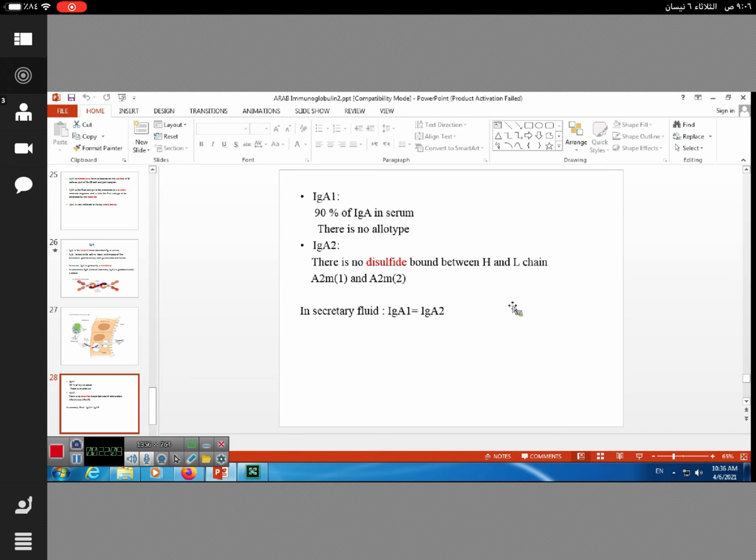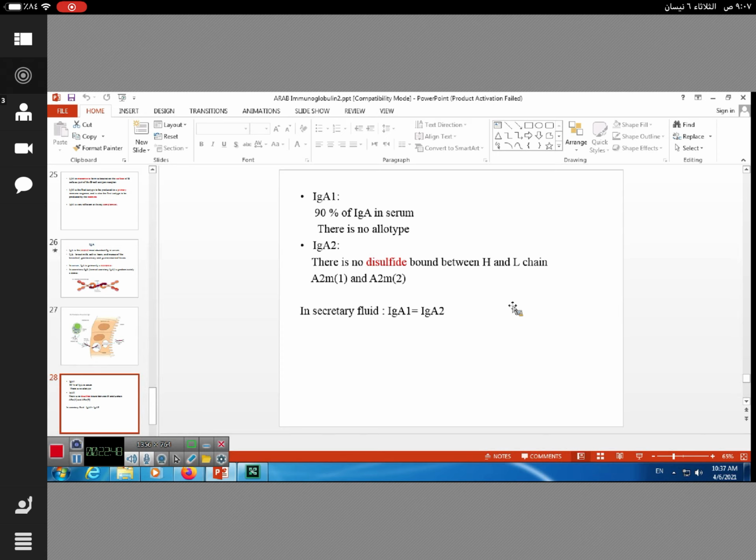As mentioned previously, IgA is subdivided into two different types, IgA1 and IgA2. In serum, 90% of IgA is IgA1, and there is no allotype in this form of antibody. And IgA2's main feature is that there is no disulfide bond between heavy and light chain.